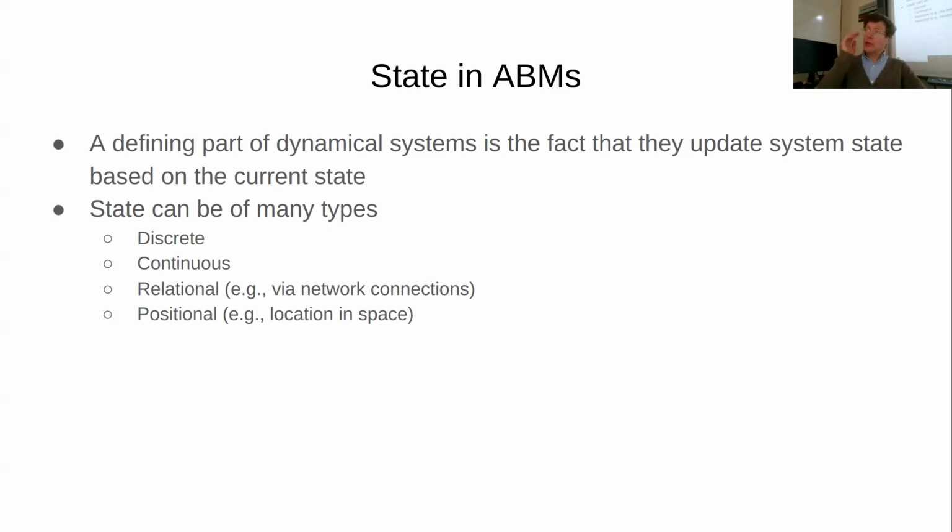We can imagine systems that exhibit behavior over time that are not dynamical systems in that latter sense. For example, it just exhibits independent, identically distributed randomness at each point in time, right? Drawn from the same distribution. It's not updating based on its state.